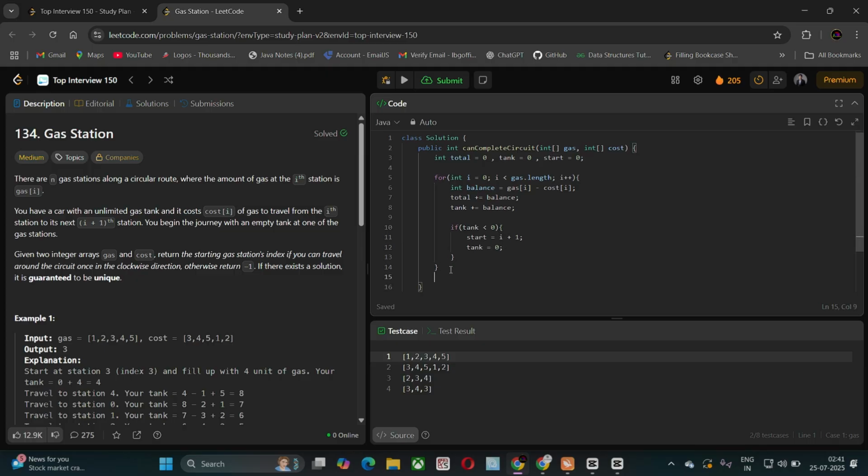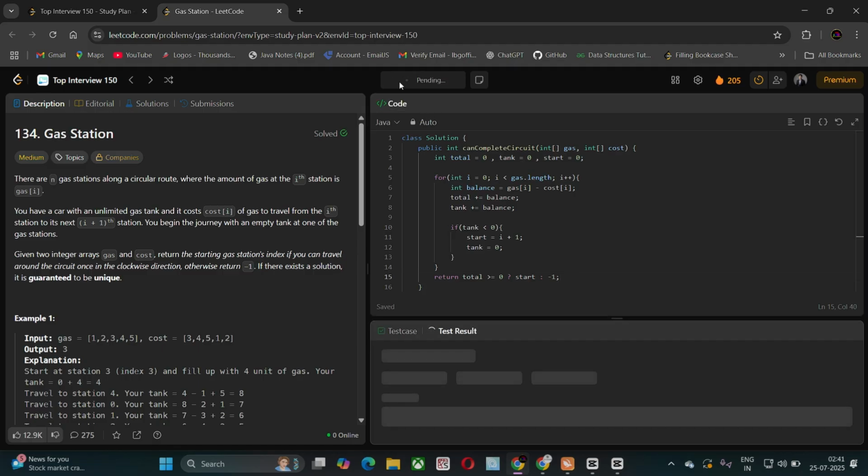If this condition is false, return total greater than or equal to 0. If our total is greater than or equal to 0, then return start, otherwise minus 1. Now I'll run this code and let's see what happens.